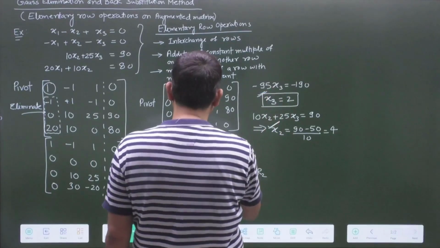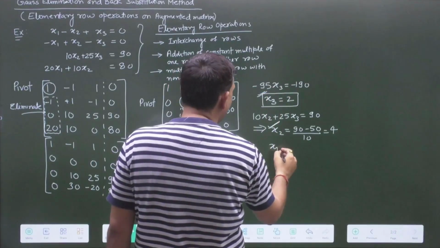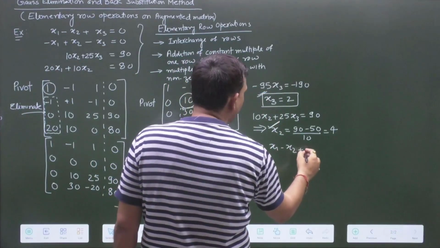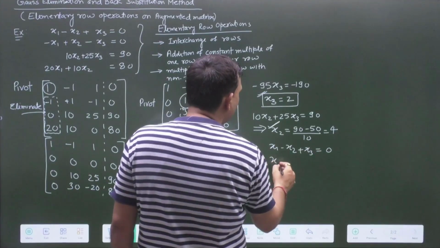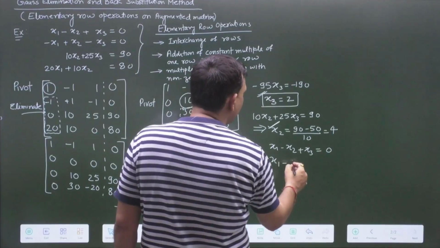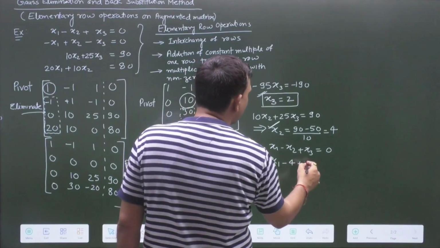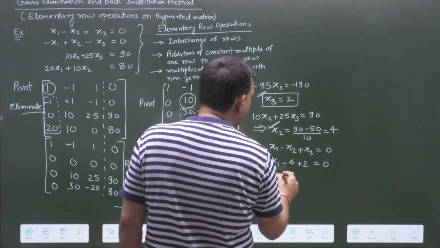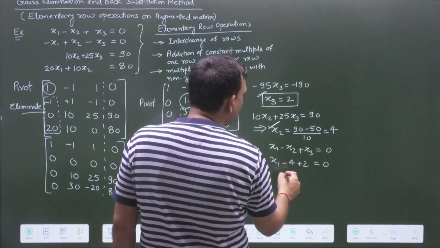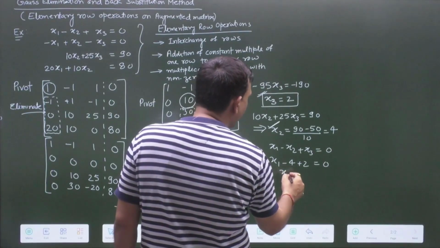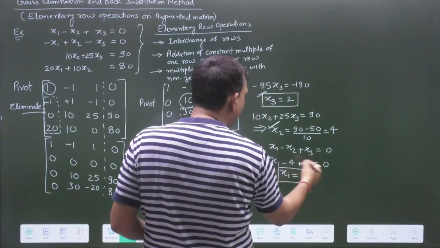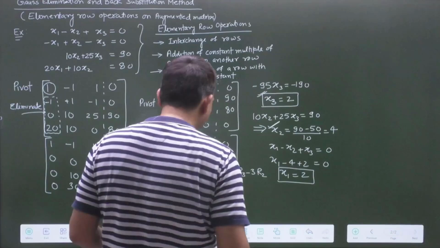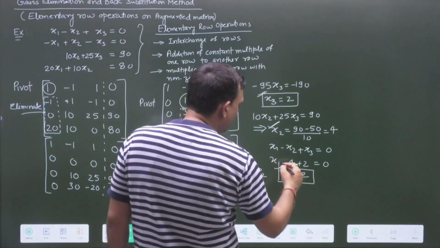And from the first equation, x1 minus x2 plus x3 is equal to 0. So x1 minus x2 is 4 plus x3 is 2. So what will be x1? x1 is also 2.